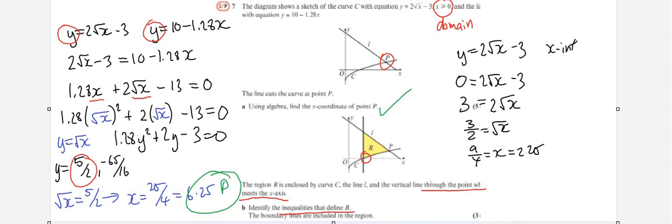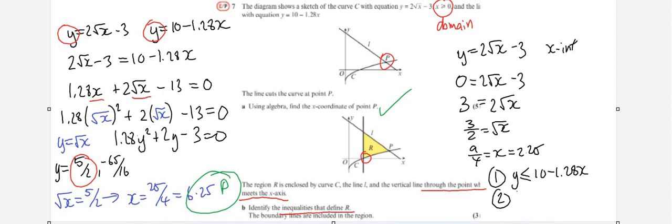Okay, so now all I've got to do is write down the 3 inequalities. So I've got this line first. I'm colouring below. So the first one is that y is less than or equal, because it says that all 3 lines are included, my line, which is 10 minus 1.28x.